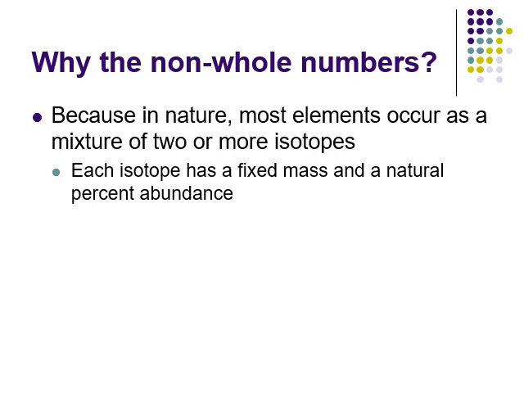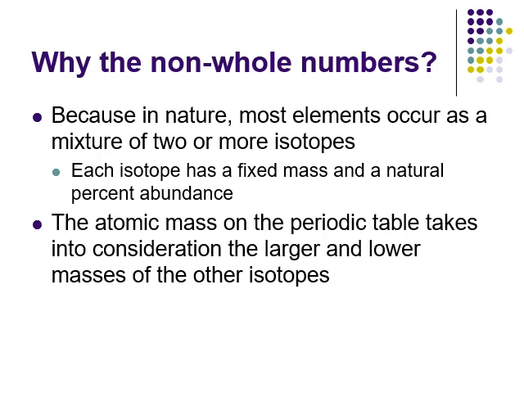And by percent abundance, I mean that for one element, maybe one isotope has a percentage of 99%. That means 99% of those atoms are that particular isotope. And so again, the atomic mass on the periodic table has to take into consideration these higher and lower masses of these other isotopes.